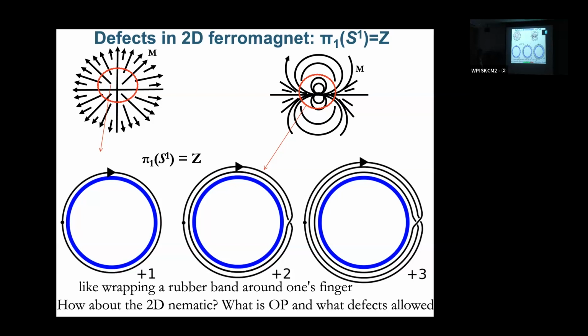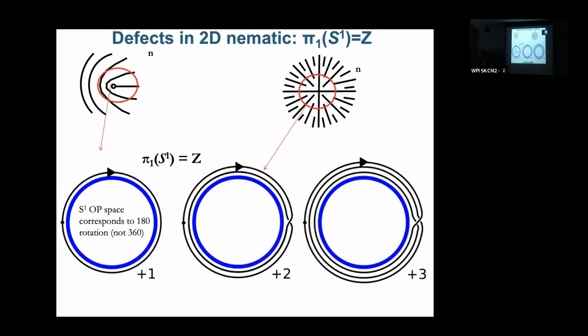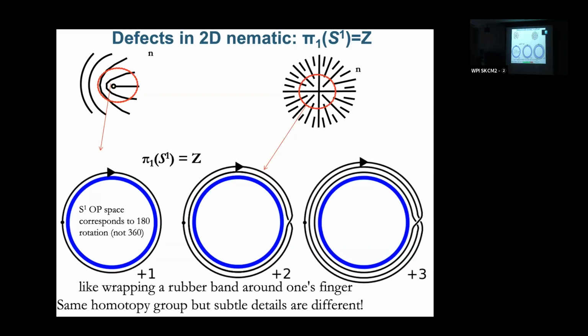So we'll see in a little bit. In order to get the -1 singularity, you could have defects like we will see in a minute, right?